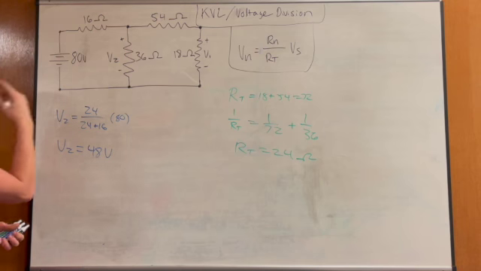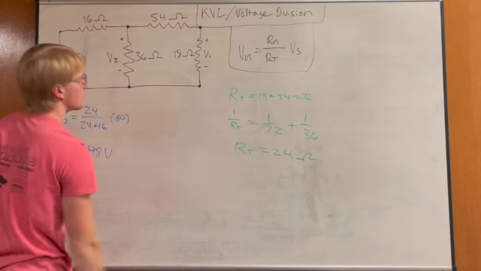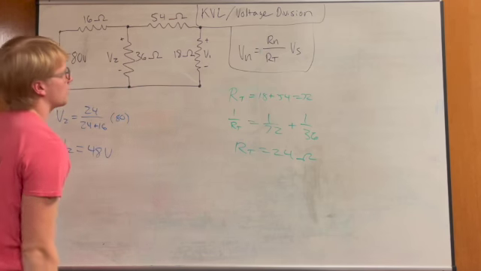And so for V1, we can ignore this half. It's just these two resistors.